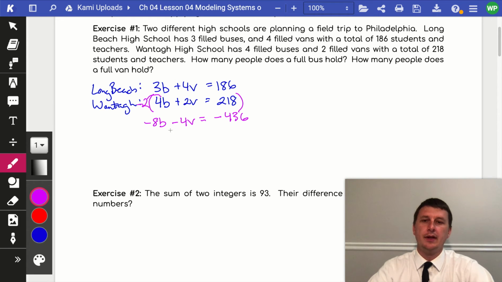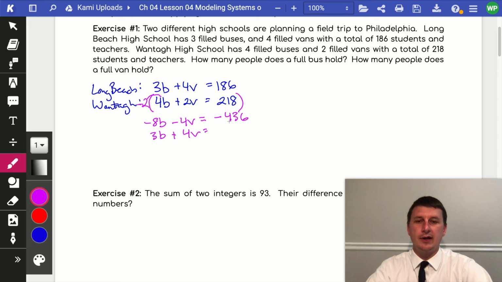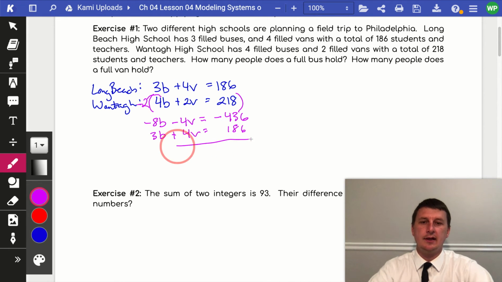-436. Now we're going to recopy the equation we have not used yet, right underneath it, lining up our b's with our b's, our v's with our v's, and our constants with our constants, and especially the equal signs with the equal signs. So when we combine this, we're going to get -8b plus 3b is going to give you -5b.